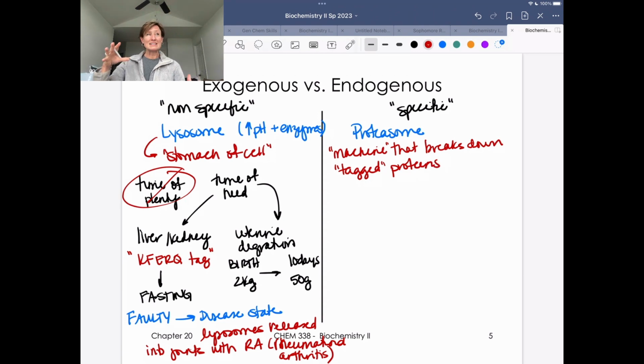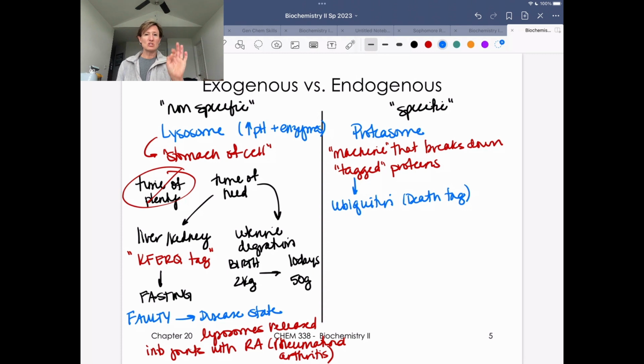A really neat macromolecular structure. It's a protein itself that, if you get tagged with what's called a death tag, this tag that we have here is called ubiquitin. And it's often referred to as a death tag.